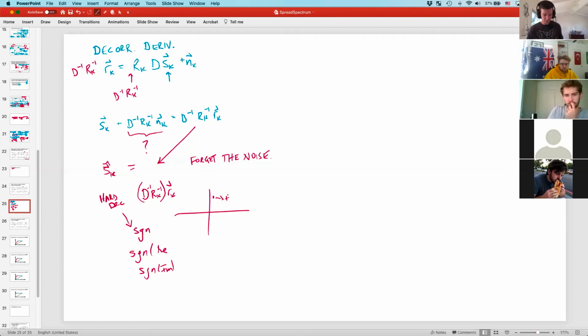Okay. We're doing nothing intelligent about the noise or anything like that. We're just saying once you transform this vector with this matrix, it's going to land somewhere in the space, and then just pick the closest constellation point that you can. And do that for all M users.